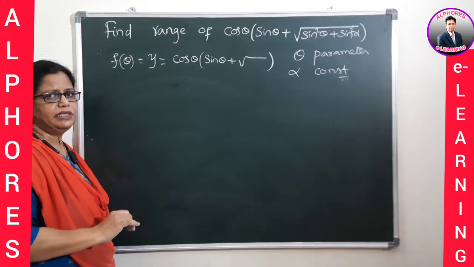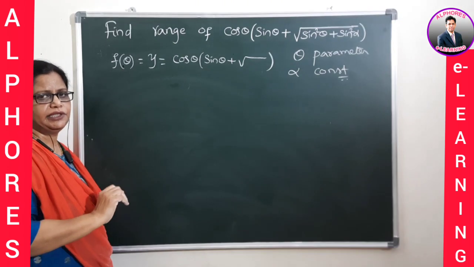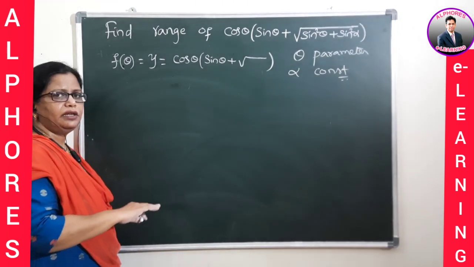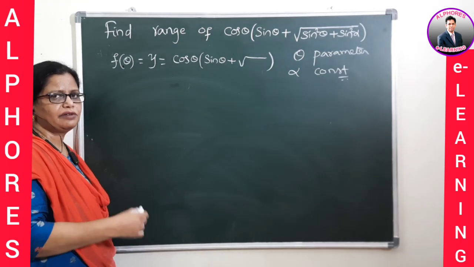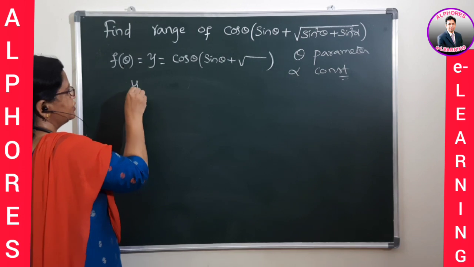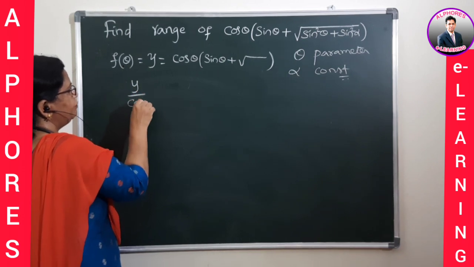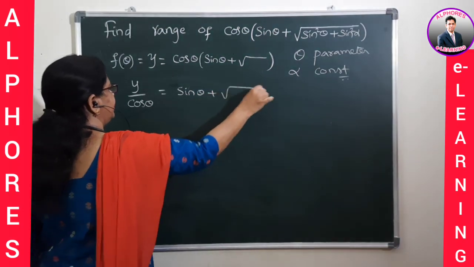To eliminate the square root, we are not supposed to immediately square both sides. Better write all rational values on one side and irrational on the other side before you square both sides. Now I am writing cos theta on this side. So y divided by cos theta is equal to sin theta plus under root of the entire thing.